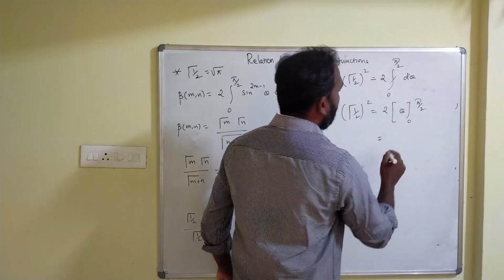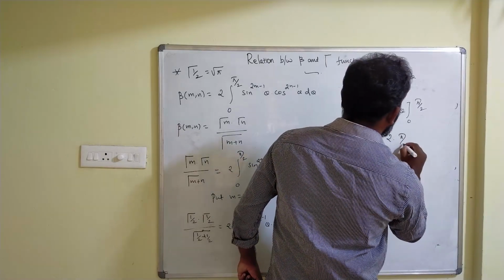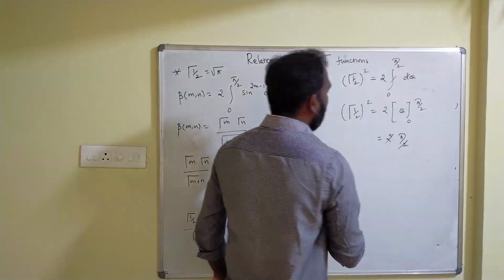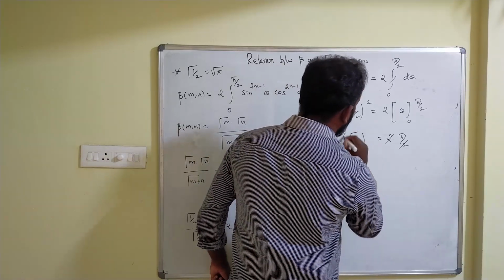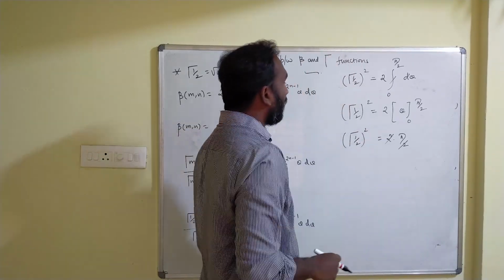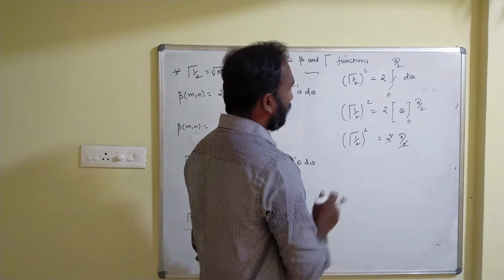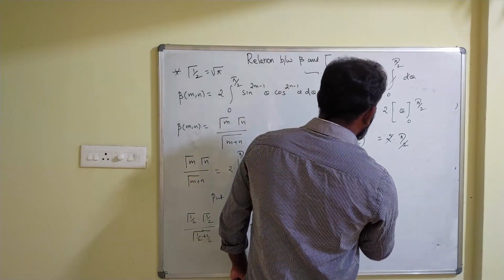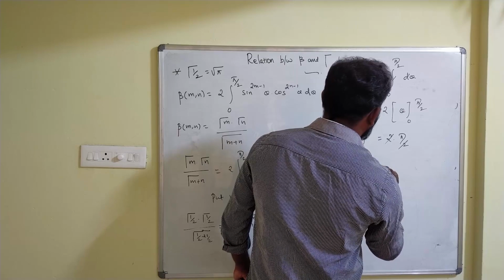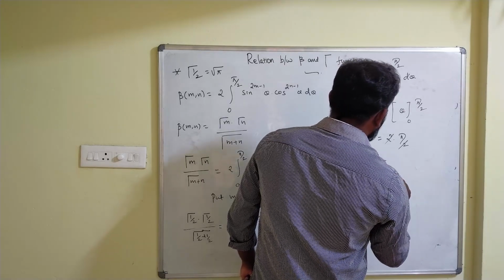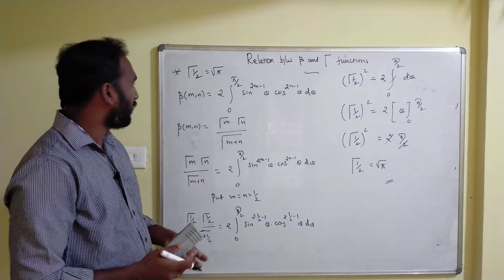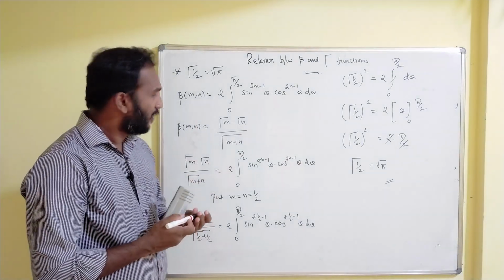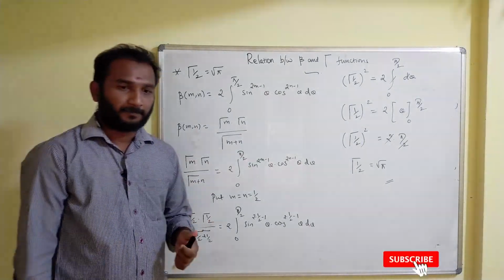Now substitute here 2 into pi by 2, so these two get cancelled, and this is gamma of 1 by 2 whole square. Now we need to find gamma of 1 by 2, take root on both sides, so this will give gamma of 1 by 2 is equal to root pi. And this is the proof by using definition of beta function and the relation between beta and gamma function.